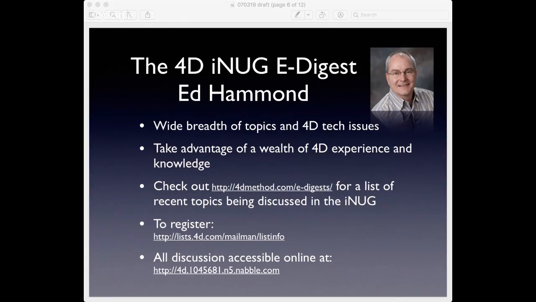So without further ado, some of the things I found interesting since our last discussion was a continuing topic, more discussion on printing structures. Alexander Heinz gave a link to a 4D application that he's written.